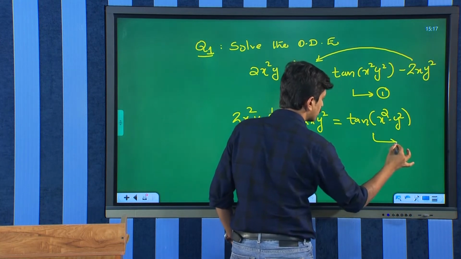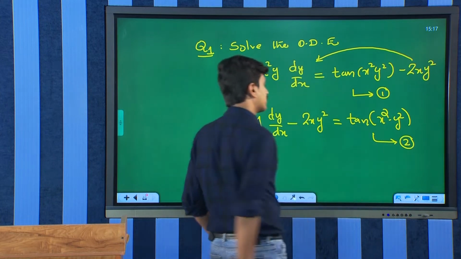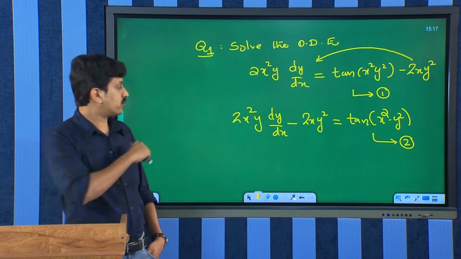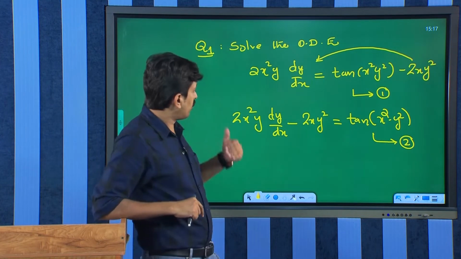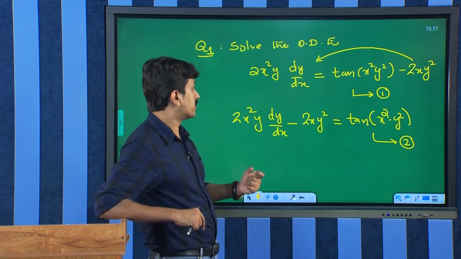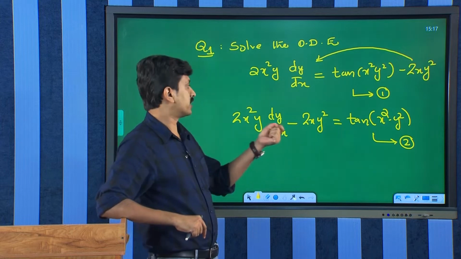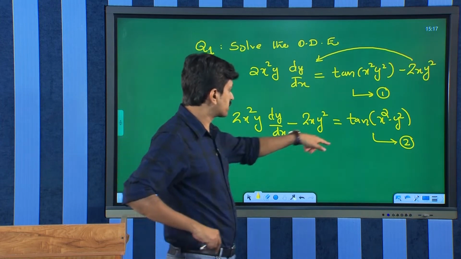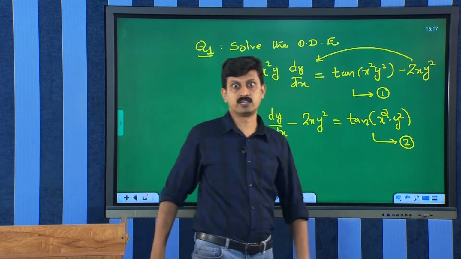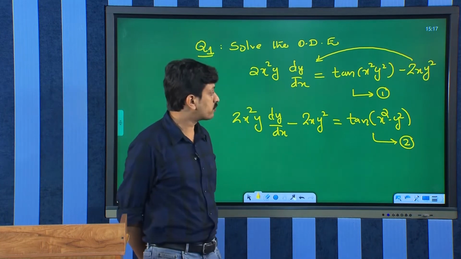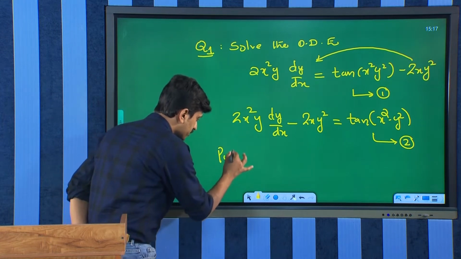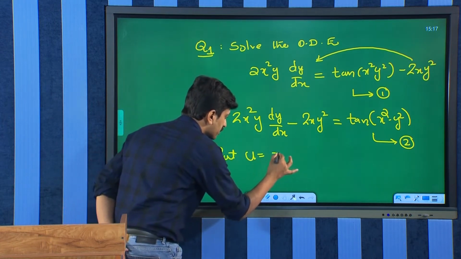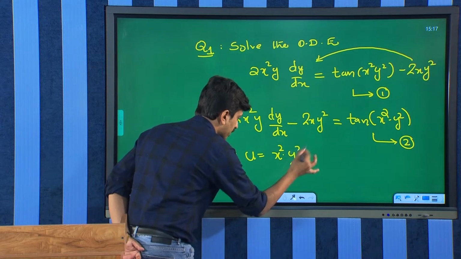Let this be equation number 2. Even though this is not separated, how can we separate it? We can give a substitution. Inside the tan we have x square y square, so we put u is equal to x square y square.